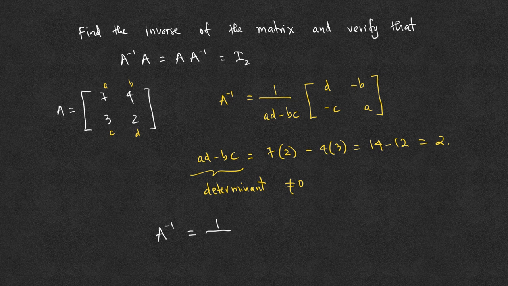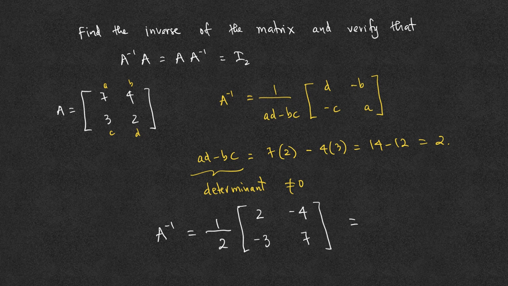The inverse is 1 over AD minus BC, which is 1 over 2, times the matrix D, which is 2, negative B, negative 4, and then the second row, negative C, which is negative 3, and A, which is 7.